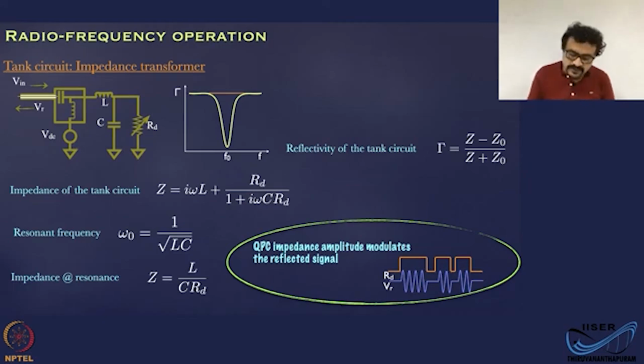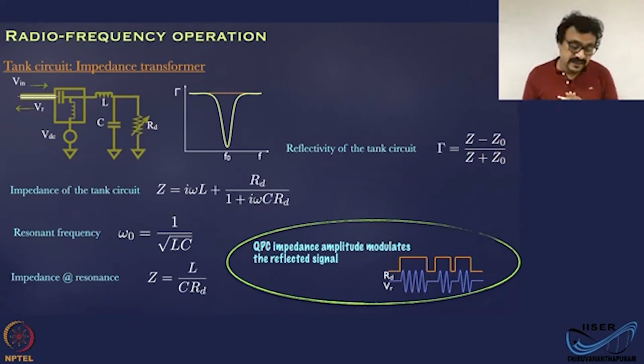Now, if you try to send a signal to the wire and get information back in the normal way, almost everything will be reflected, because this impedance mismatch gives you a reflectivity of almost unity, 1.